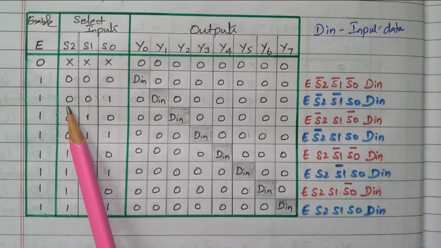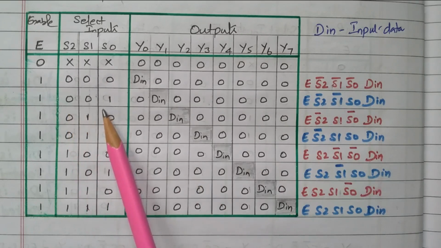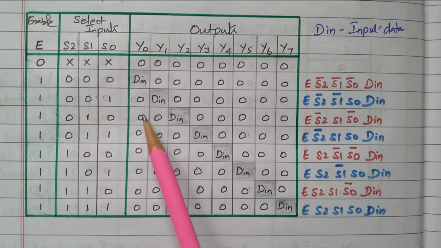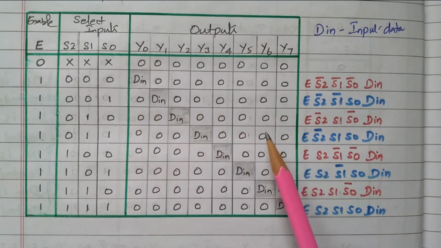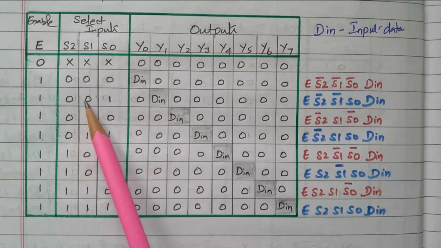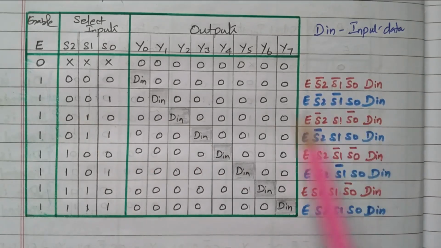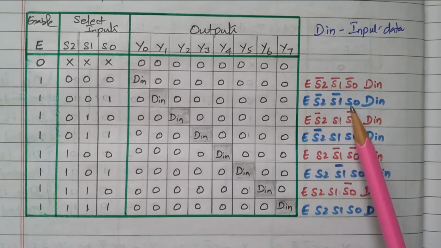Then the next combination 0, 0, 1, the second combination, means it produces at the second position, the input data is available in the second position, the remainings are 0. So see here also 0, 0, 1, the first 2 zeros are there, so the first 2 selection lines are taken complement. The third one as it is, because the third one is 1, so we connected as it is.